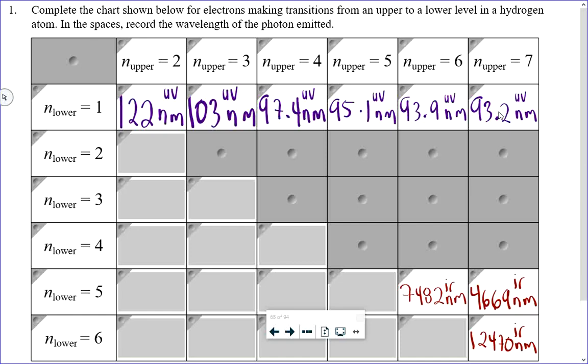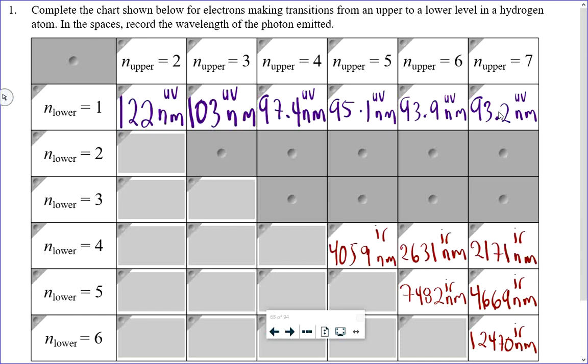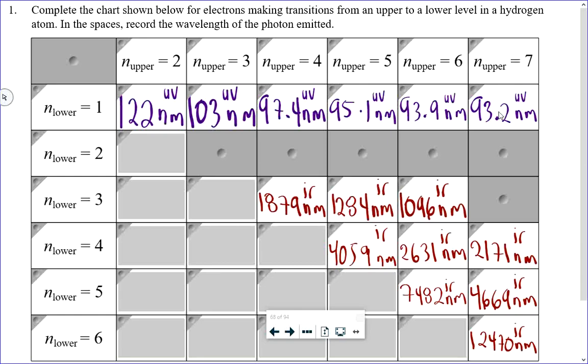And the reason why I want you to do these calculations is there's an important point here, that anything down to 4 is going to be infrared. 4 is just such a high state that anything above that is not much more above it. And it turns out anything down to 3 is infrared as well.